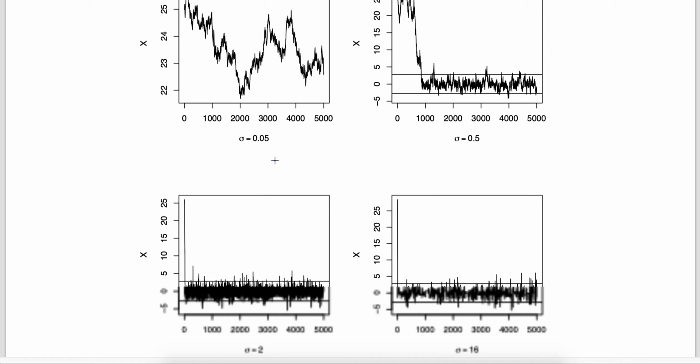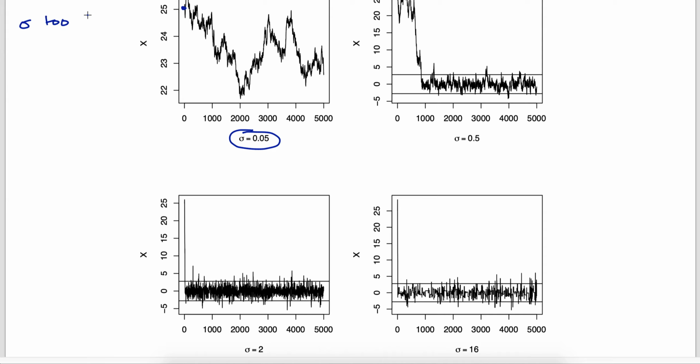So you can see this first one is our teeny tiny steps, and we're starting at sigma of 0.05. We notice we started at initial position of 25, and we're just making really, really tiny steps. And after 5,000 steps, we're still nowhere near being between symmetric values generated around 0, what we expect for the t distribution. So for this one, I'll just make a comment here.